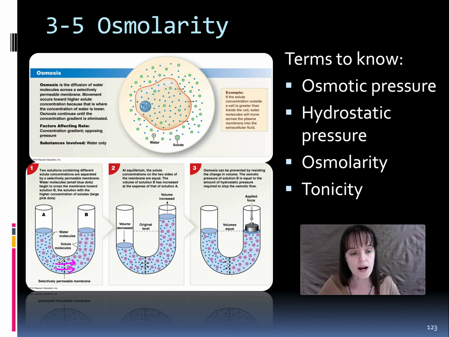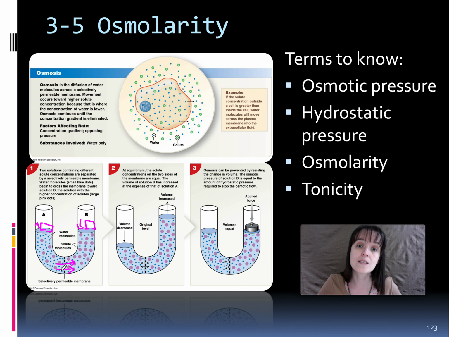And here there's a high concentration of water, and here there's a low concentration of water. And so water is moving down its concentration gradient. Now, of course, the solute concentration is the opposite. So it is moving towards the higher solute concentration, but that's not why.